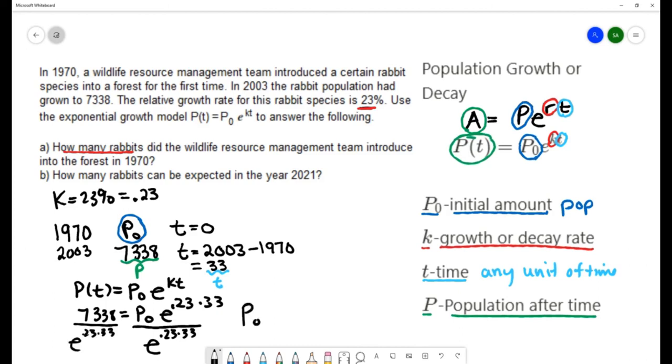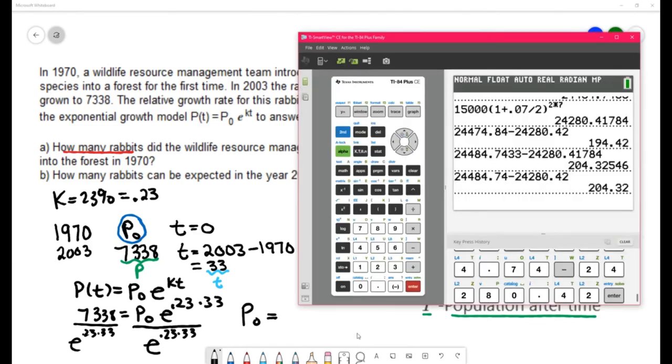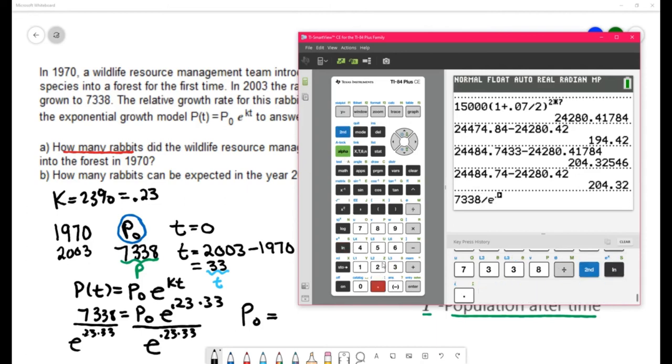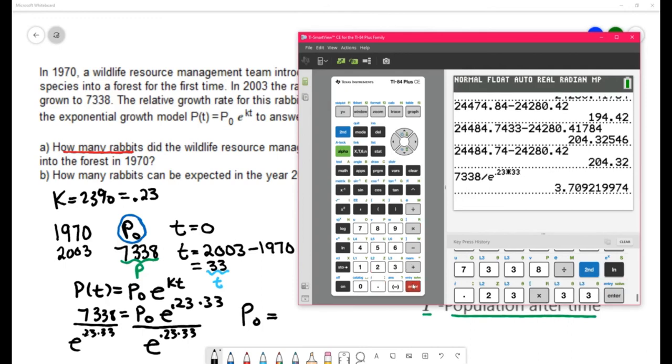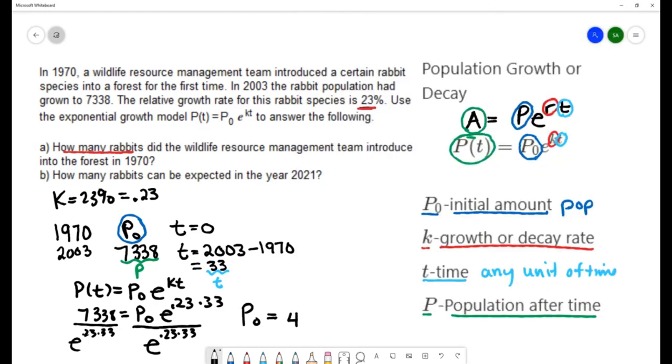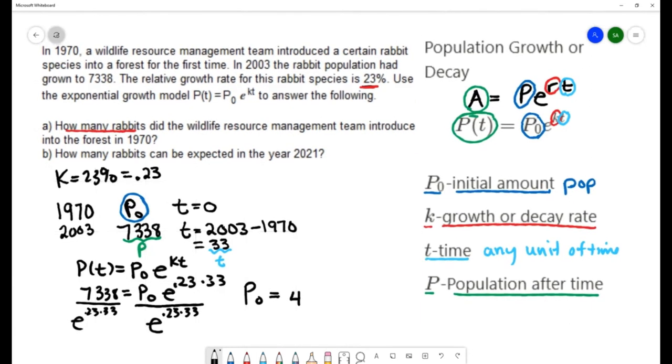And that gives P naught equals, and we'll type that in our calculator. In our calculator we have 7,338 divided by e to the 0.23 times 33. And we have 3.7, so let's round that to 4. So we're going to start with an initial population of rabbits of 4 in 1970.